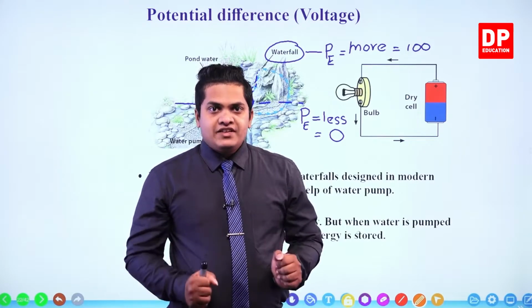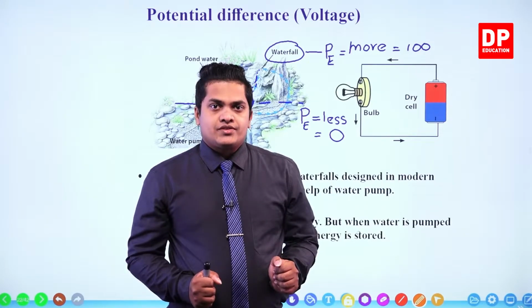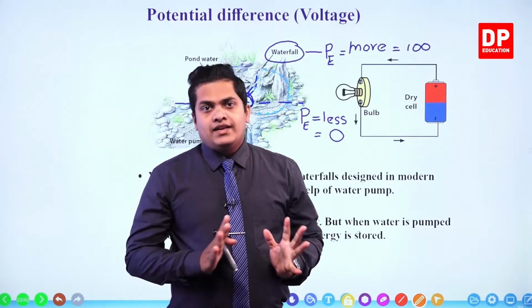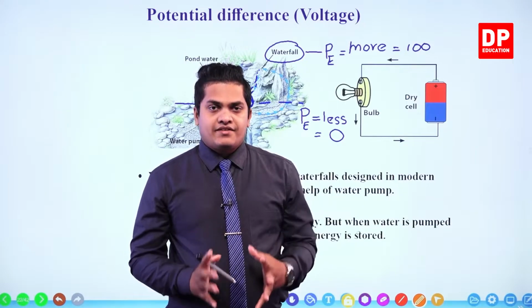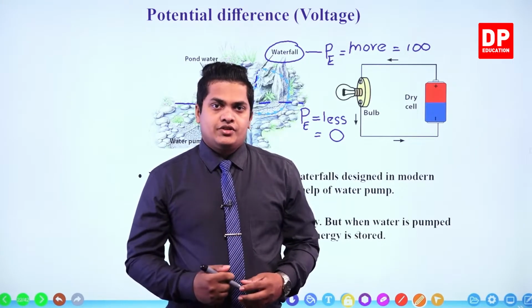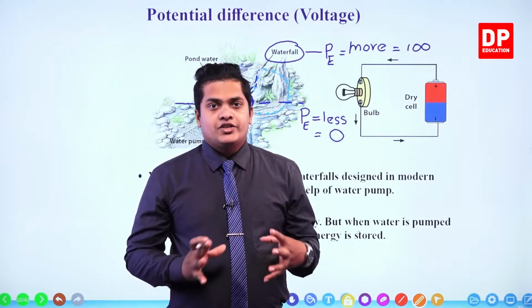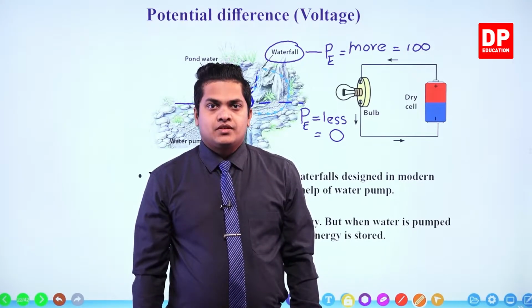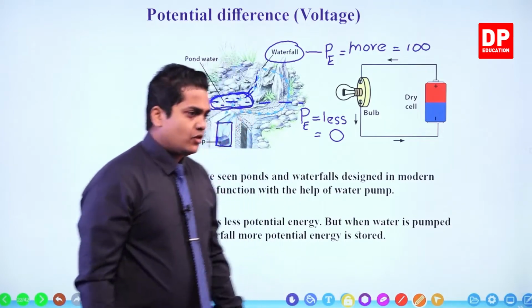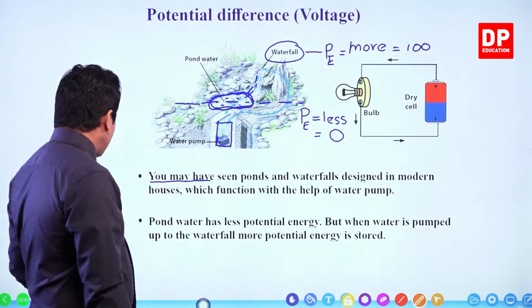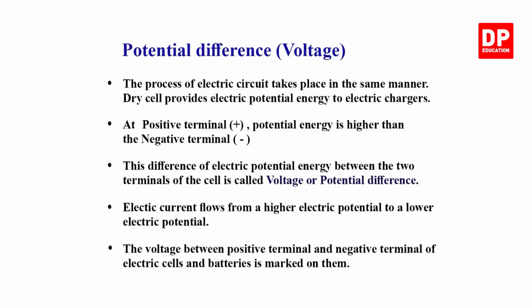This difference between the electrical charges in an electric source is referred to as the potential difference between the two terminals, or the voltage between the two terminals. So let's move on to our next slide to see what we mean by this potential difference or voltage. The process of an electric circuit takes place in the same manner.